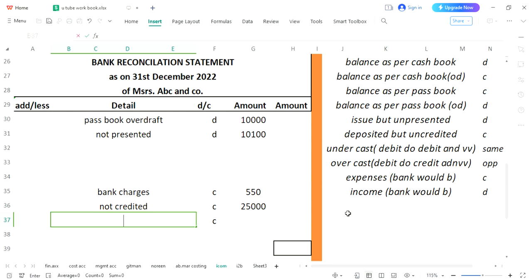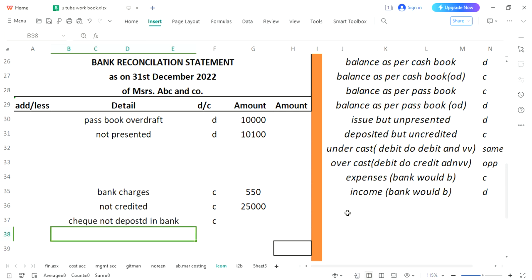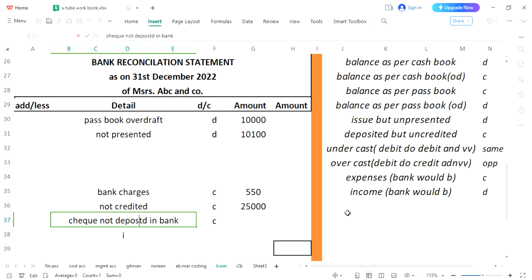It means omitted check, or we can write check not deposited in bank. Spellings need to be correct, so please let me correct them.